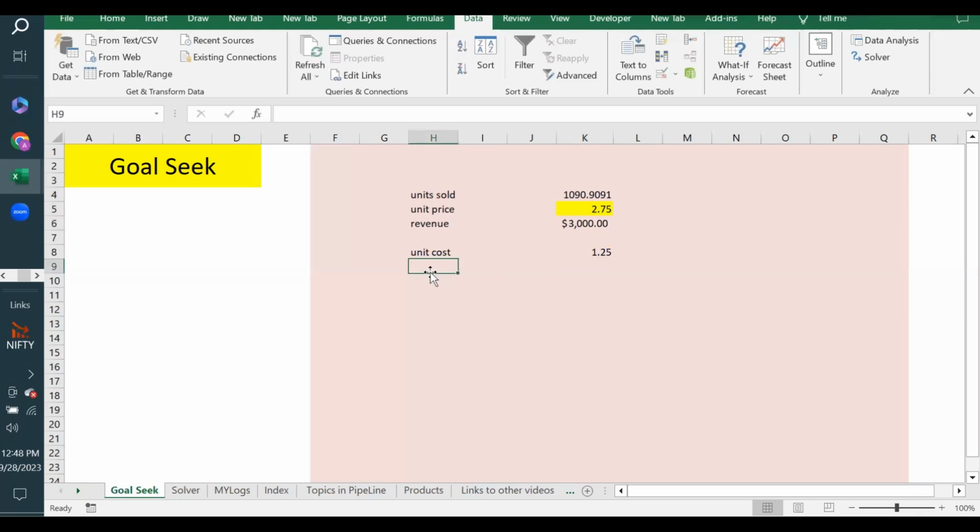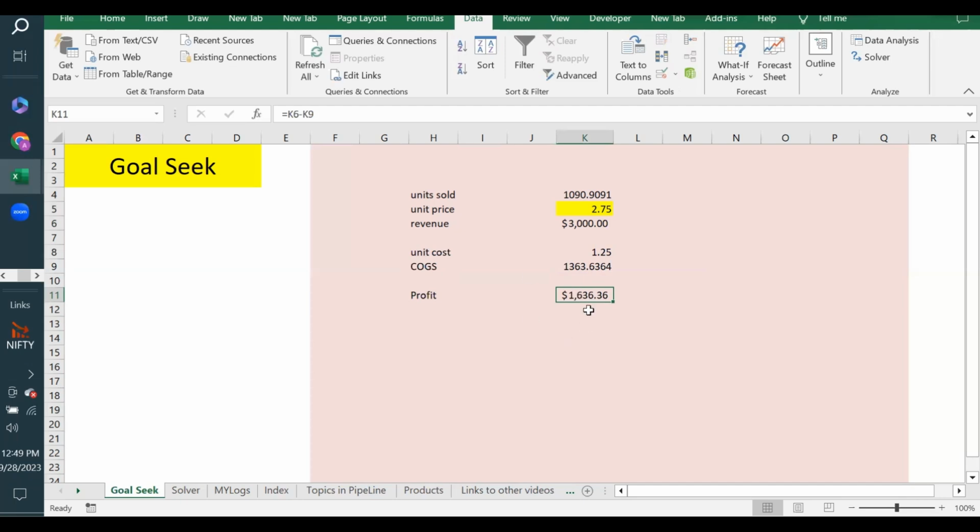So your cost of goods sold is going to be the unit cost multiplied by the units sold, right? Now the profit is equal to the revenue minus the total cost of goods sold. So this is your profit.